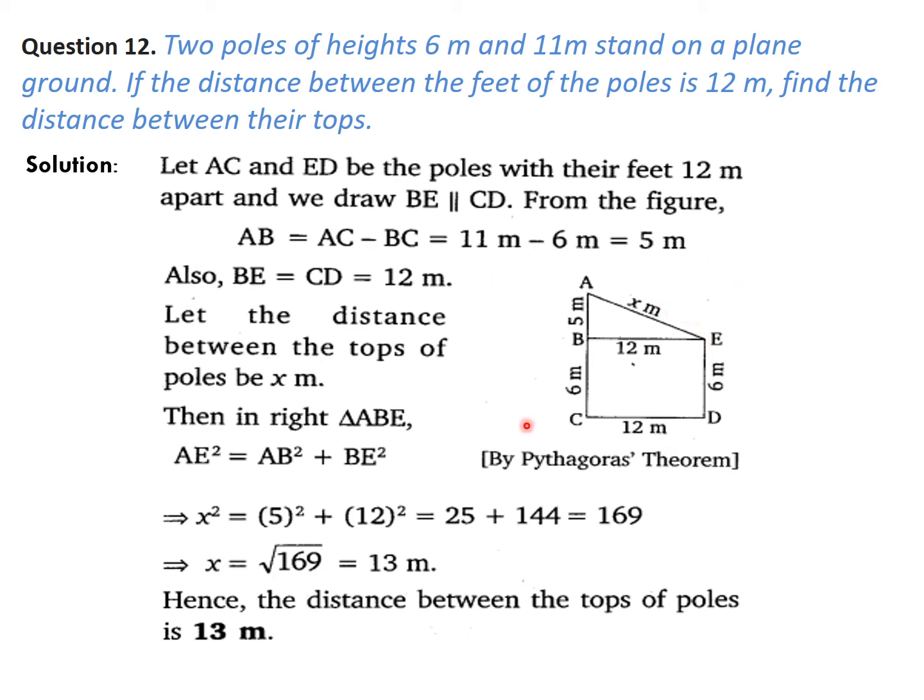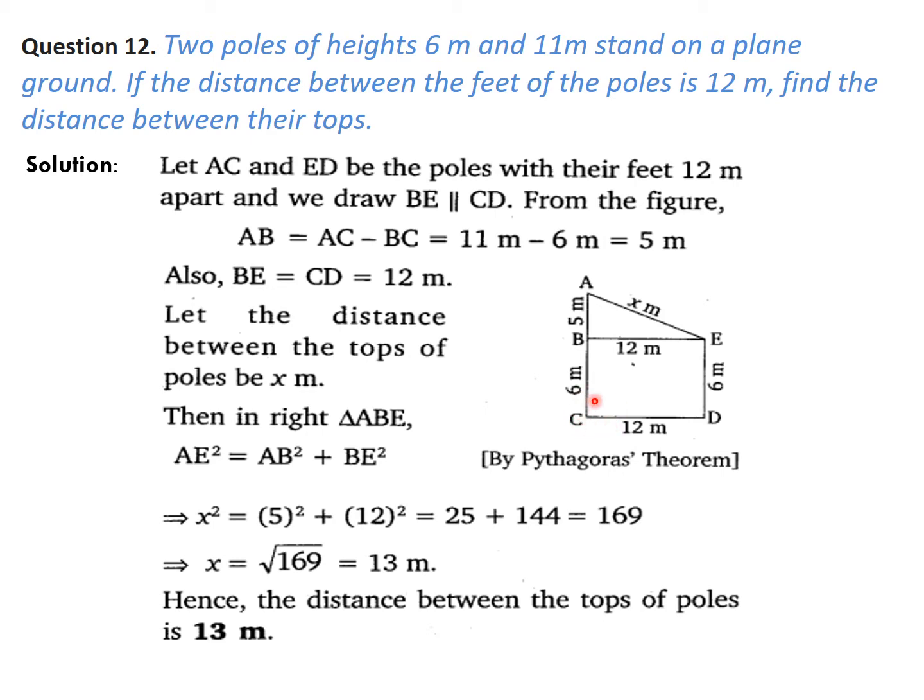The construction was to draw a line BE parallel to the ground CD. Now what we can see right over here is a right angle triangle, because at point B it is 90 degrees. Why? Because angle C was 90 degrees as it is a vertical pole on the ground, so it must be 90 degrees right here.